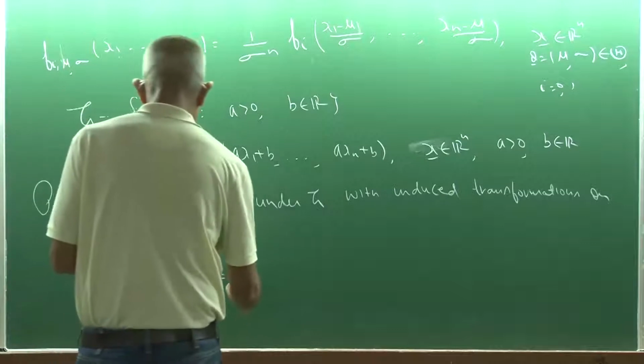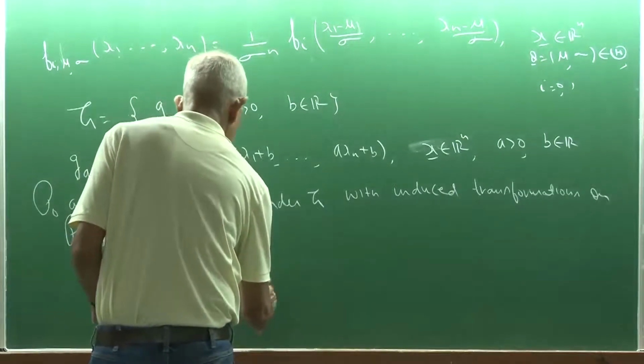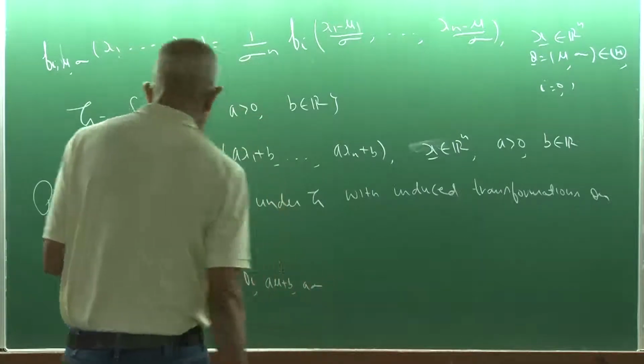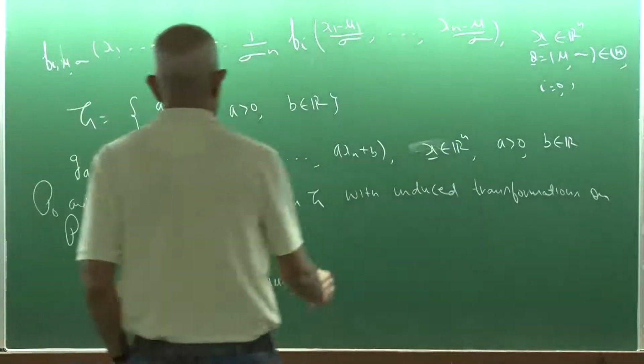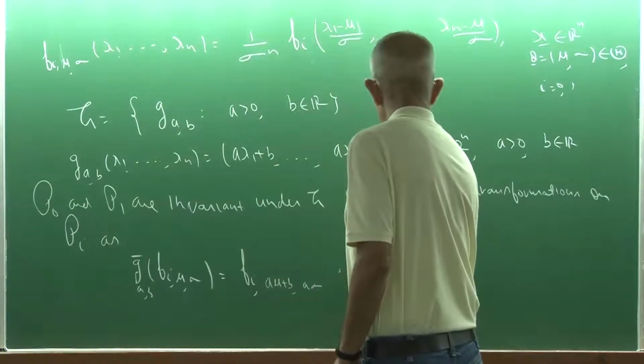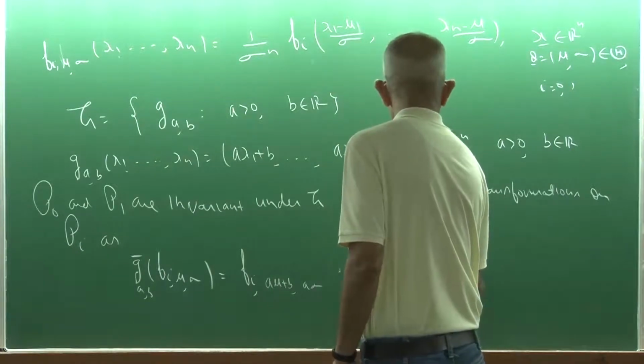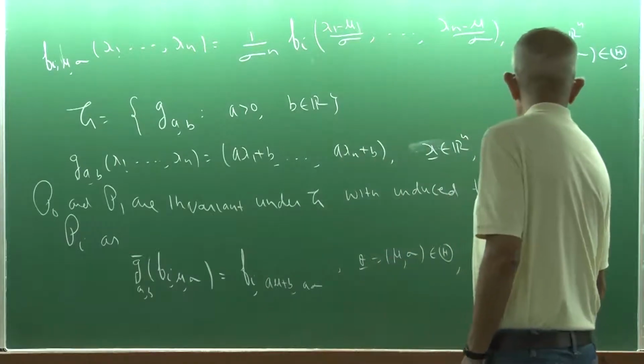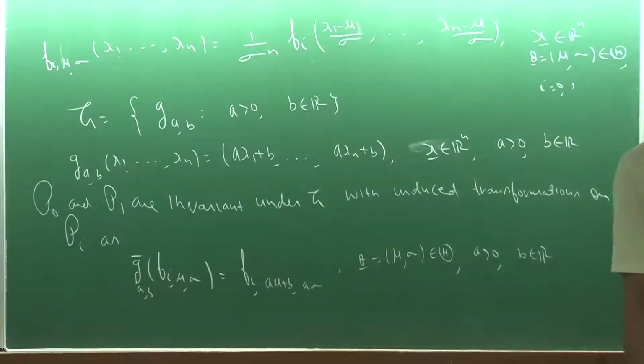So this is the same as F_i of (a mu plus b, a sigma), where theta, which is (mu, sigma), belongs to Theta, a is positive and b belongs to R. So the testing problem is invariant.